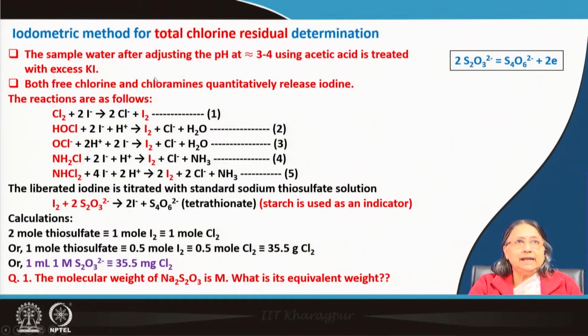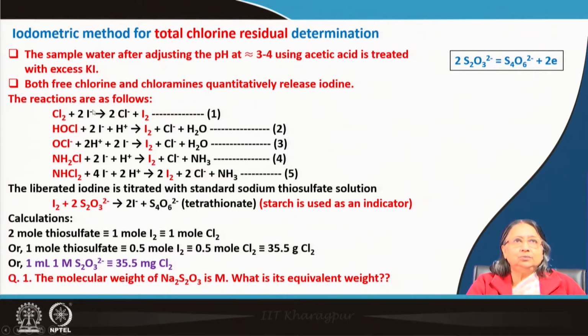It is then treated with excess KI, potassium iodide. So, we take some sample, for example a 50 milliliter or 100 milliliter sample, and adjust the pH using acetic acid in this range. After that, we add KI in excess amount. Then you see here the reactions 1 to 5 are shown.